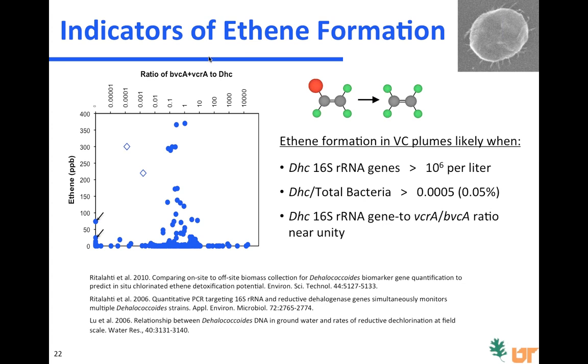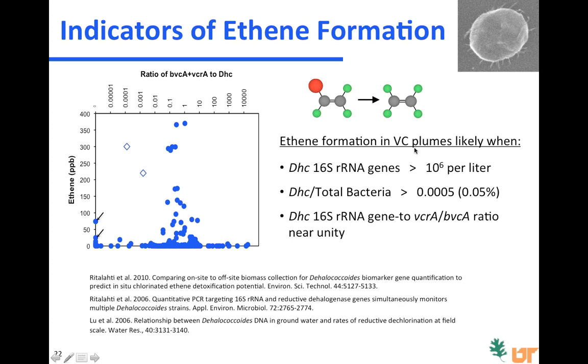If the ratio is lower, we see lower ethene formation, and if the ratio is higher, we don't see ethene formation. So the point here is that the Dehalococcoides 16S rRNA gene to vcrA plus bvcA ratio near unity is an indicator of ethene formation in VC plumes.